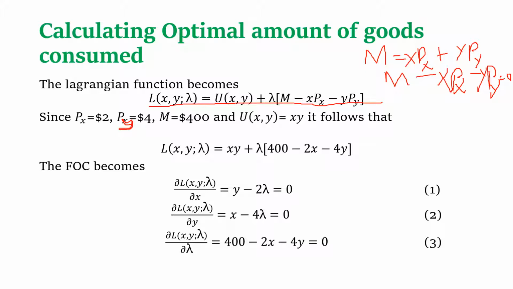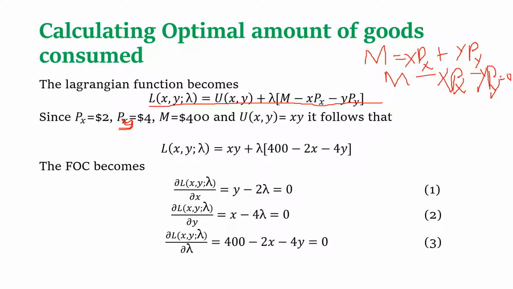So all we need to do is to find the first order condition, which is the first order derivative. So the Lagrangian with respect to x is y minus 2 lambda equals 0. Remember, the derivative of xy with respect to x is just y, and then you have 2x times lambda, which becomes minus 2 lambda. And then the Lagrangian with respect to y is x minus 4 lambda equals 0.